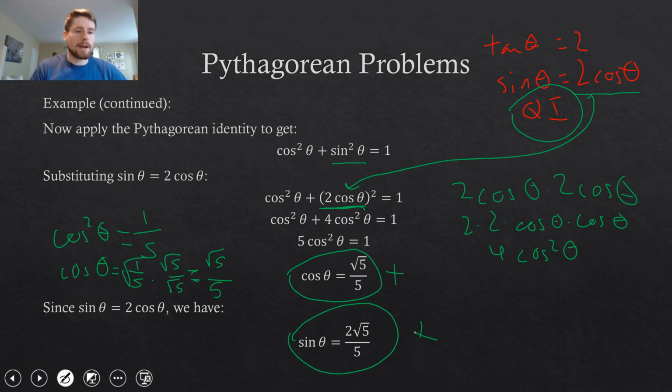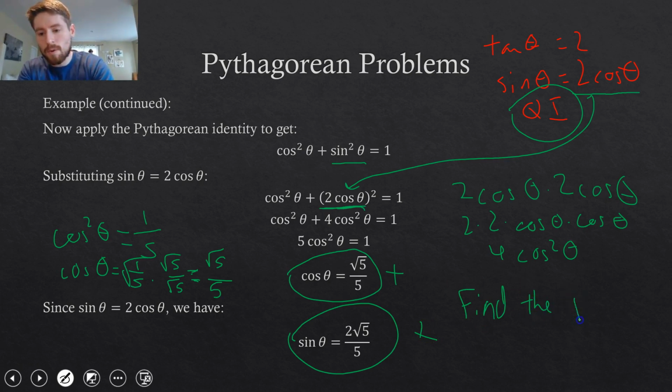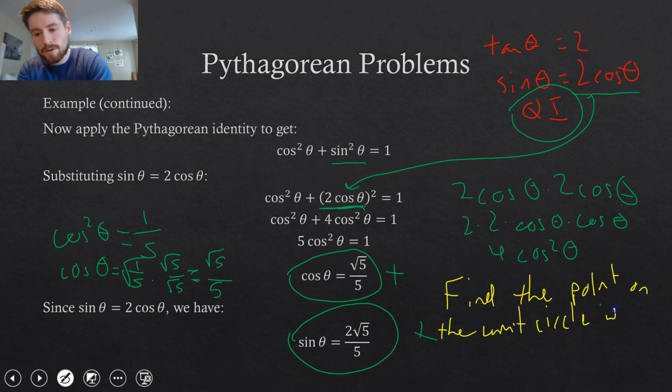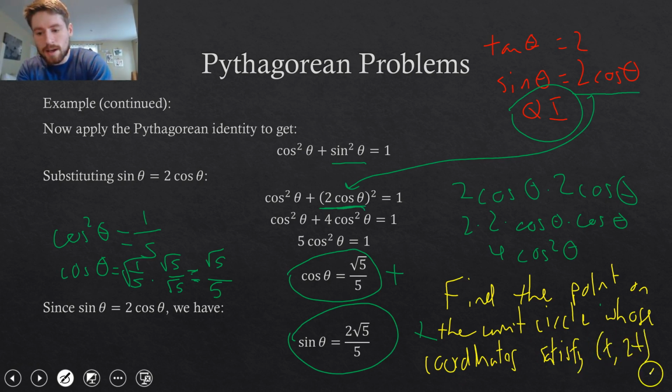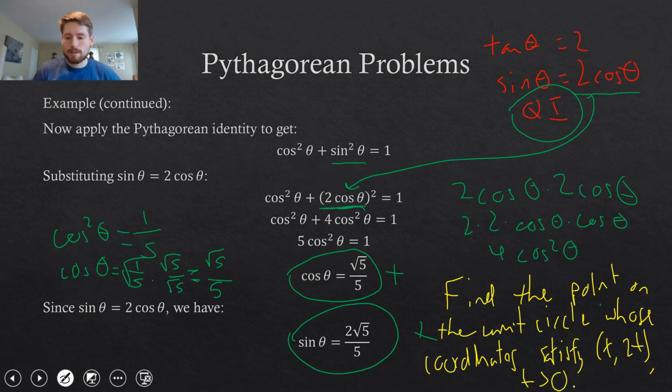Now, I would encourage you to do this exact same problem as an exercise to refresh: find the point in quadrant 1 on the unit circle whose coordinates are t, 2t, where t is a positive number.